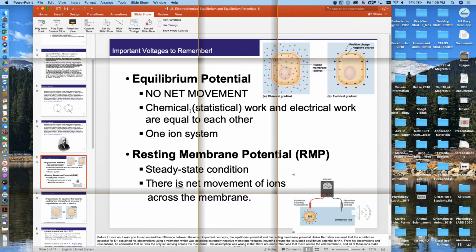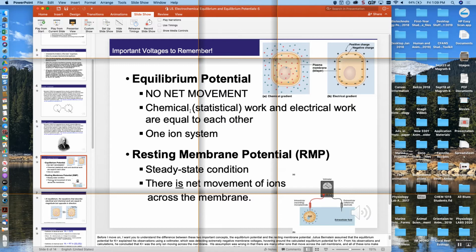All right, so we're going to draw a cell. Our ion of interest is sodium. I always put it on the inside. Here's the concentration gradient, but we're really referring to this one inside. And it's more negative.